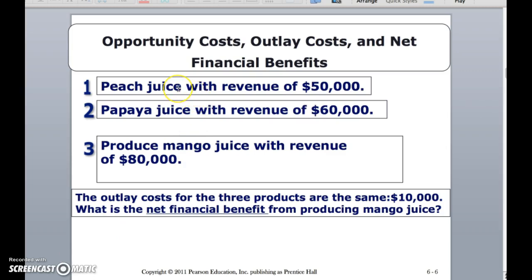If it goes with peach juice, the expected revenue would be $50,000. For papaya juice, the revenue would be $60,000 and mango juice would be $80,000. The outlay cost for the three products are the same. It's $10,000. So what is the net financial benefit from producing mango juice?